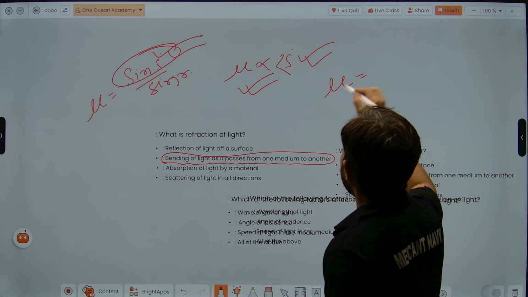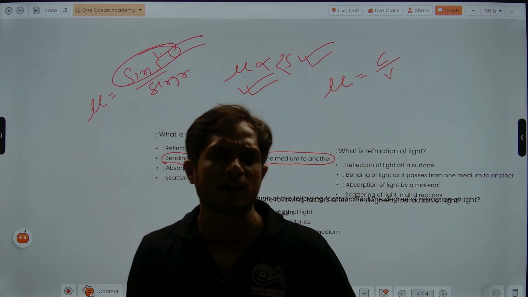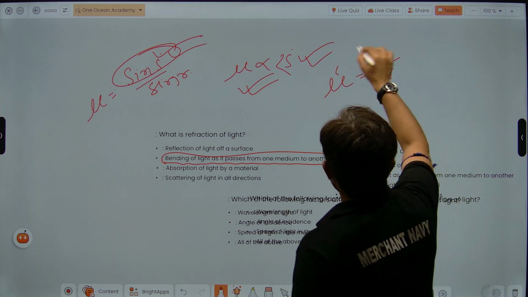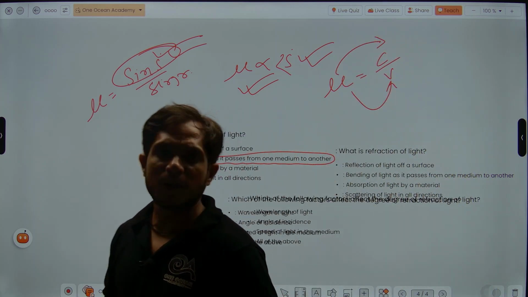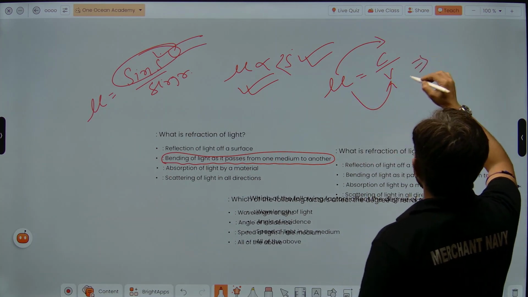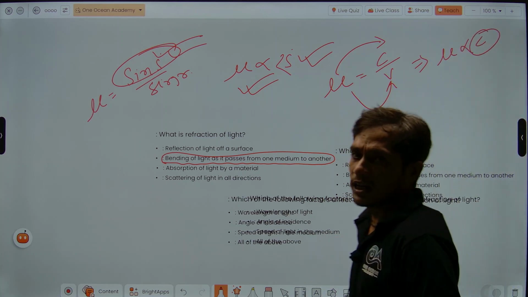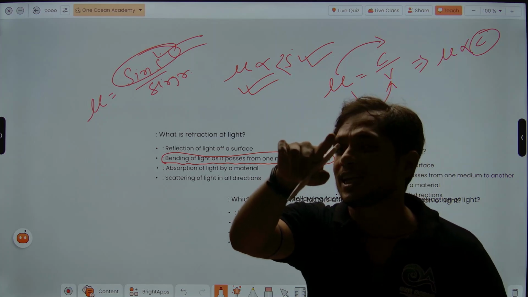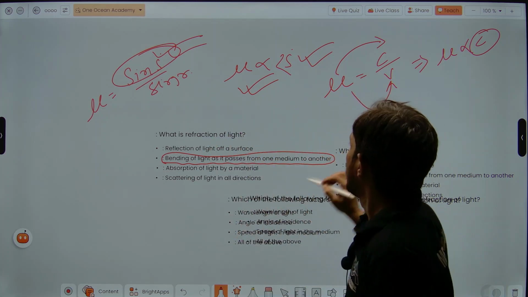We also know that mu depends upon the speed of light with respect to medium first and medium second. Mu is directly proportional to c, the speed of light in the vacuum.